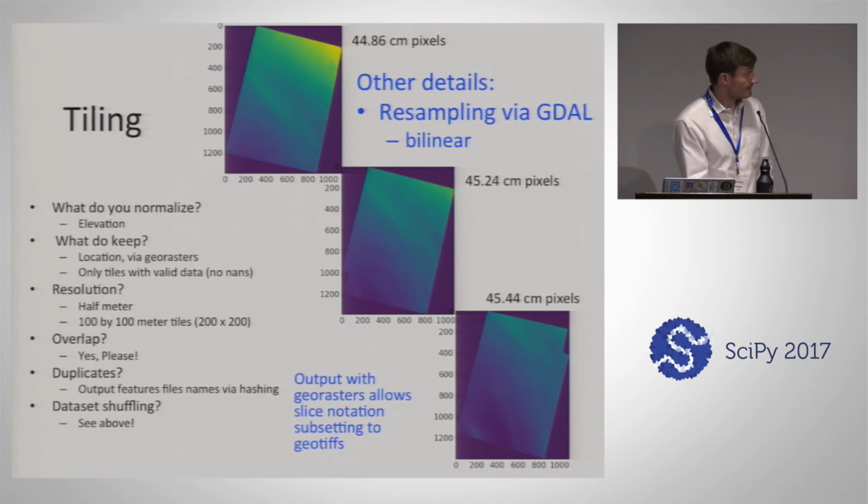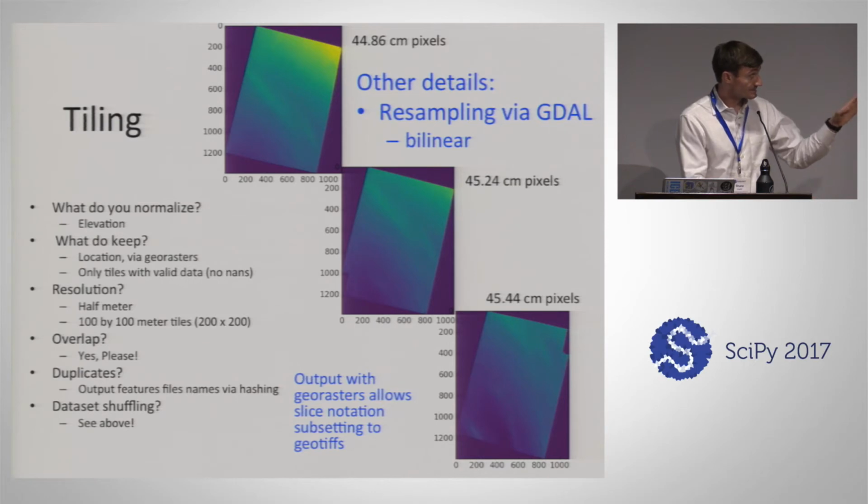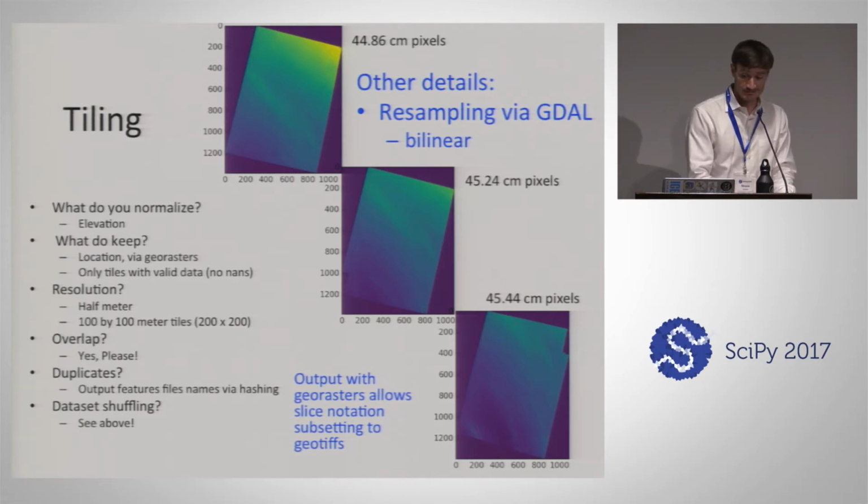So for tiling, I don't know if anyone else has these kinds of pain points, but you get these tiles. You can see that these are 3 different DEMs, and you can notice that they're overlapping because you're imaging and then you're having your next image, which overlaps part of your previous image. Because they're doing it through photogrammetry, you're not getting a constant cell size.